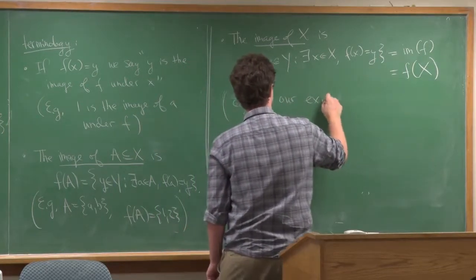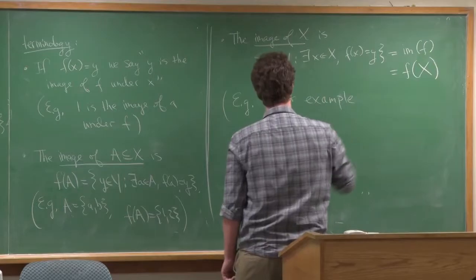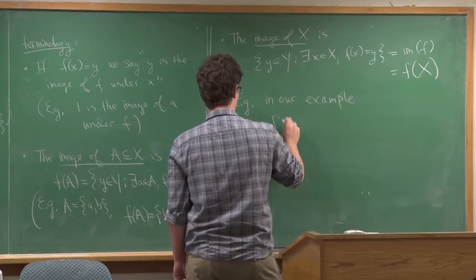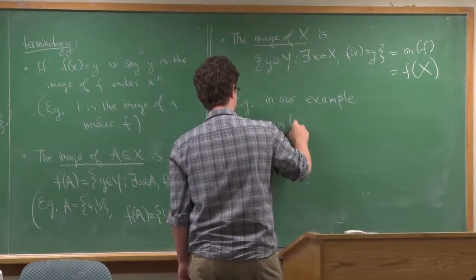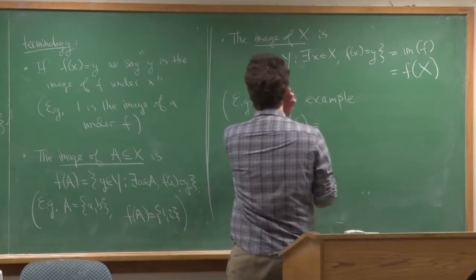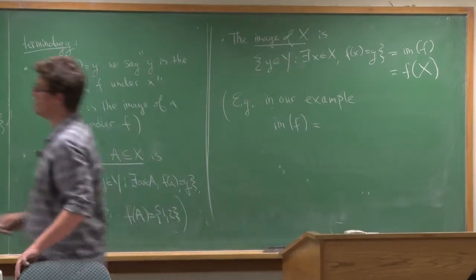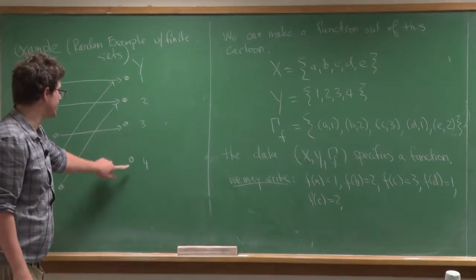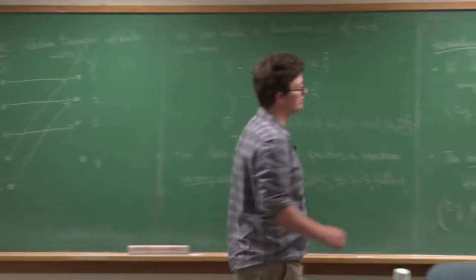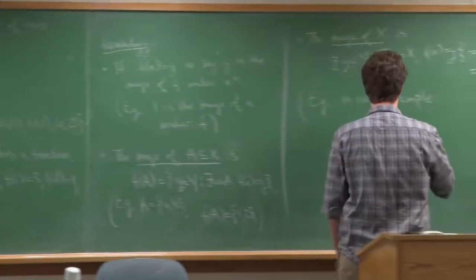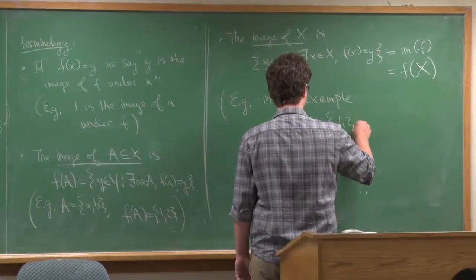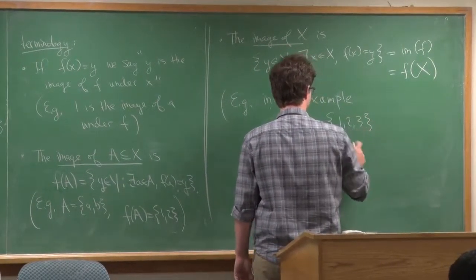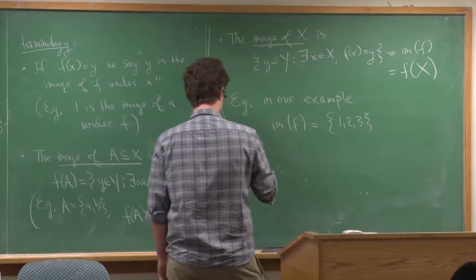what's the image? The image of f is the whole thing, right? So this is 1, 2, 3 here. So notice that it's not the codomain, right? So this is the set 1, 2, 3. So note that this is distinct.